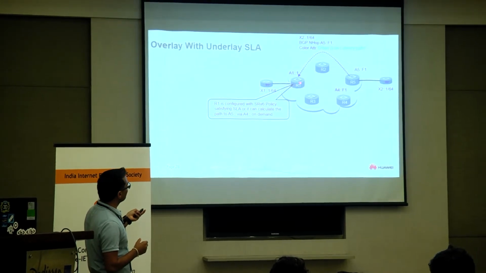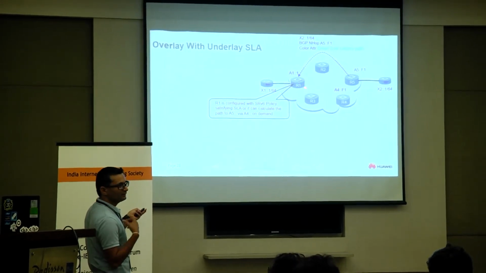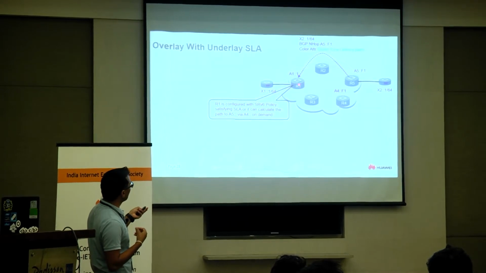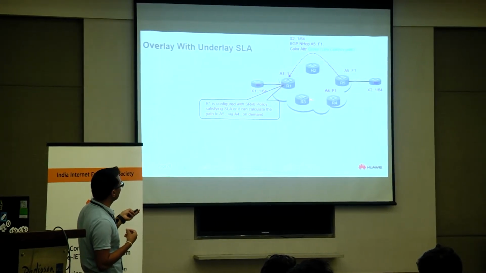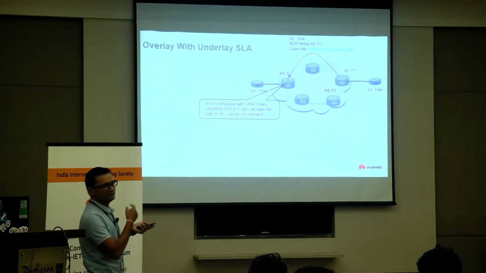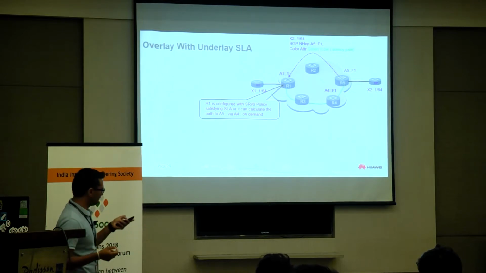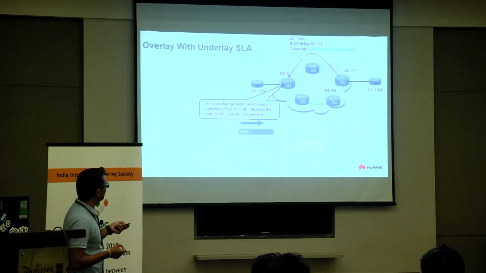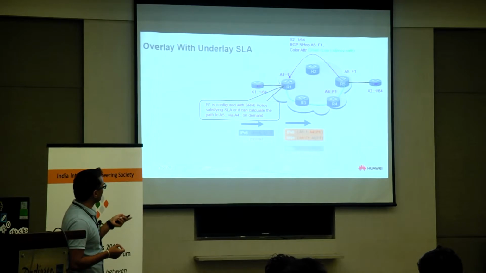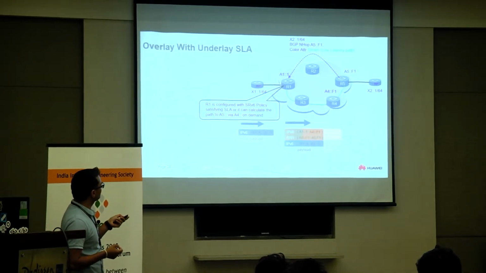Now for the SLA, it has to compute a path which satisfies this latency, and the path goes via R4. The path is set up like this, SRH is encoded in the packet at the source node, and the packet progresses.